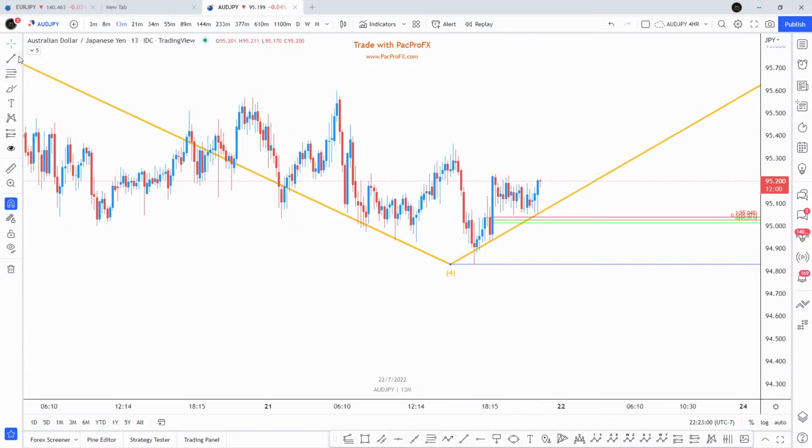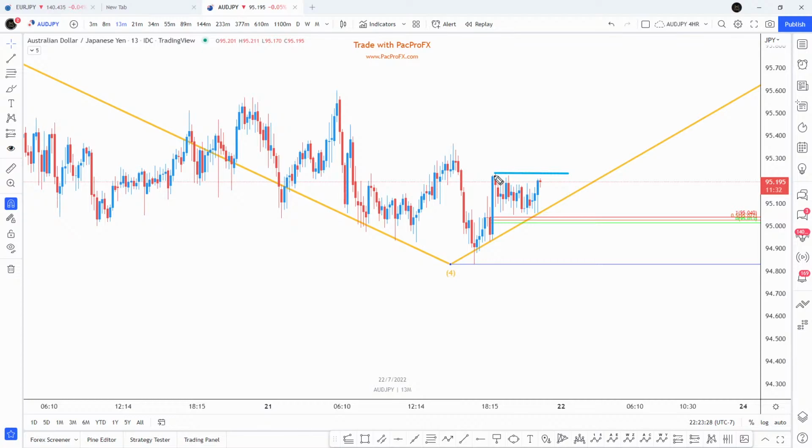So these highs are it. If these highs are taken out right there, then I will just turn this into a long. But right now, this is still showing me to stay short, even for a scalp.